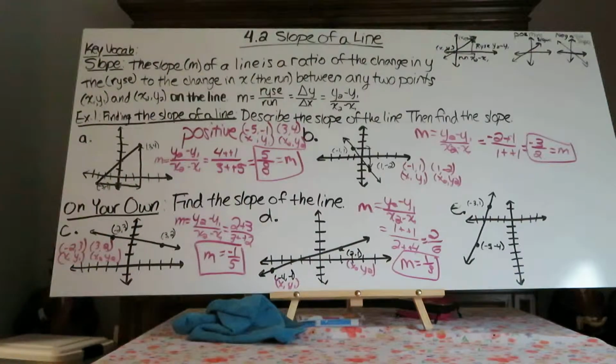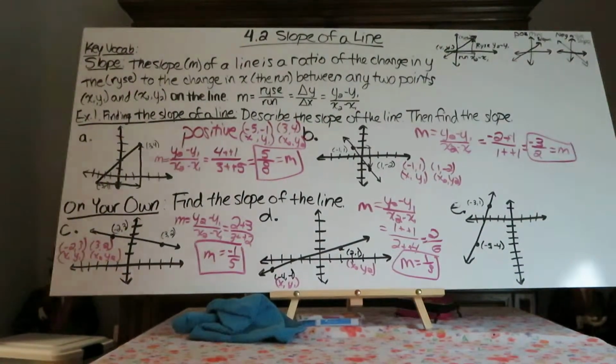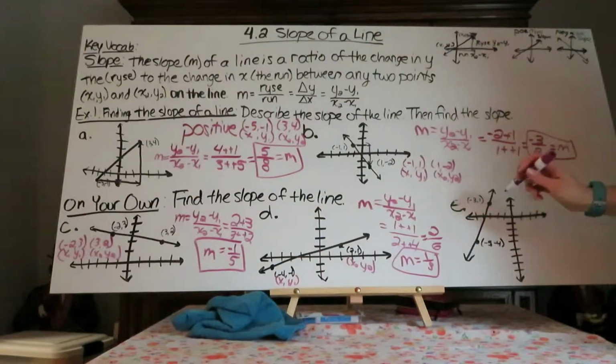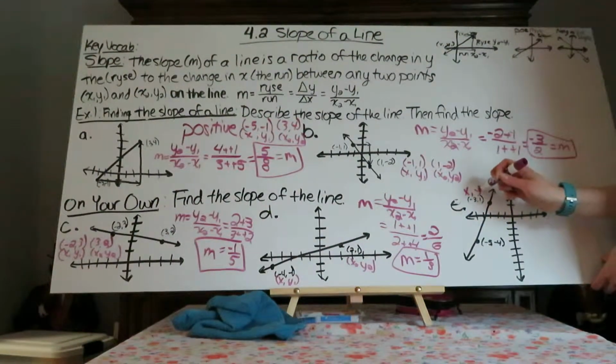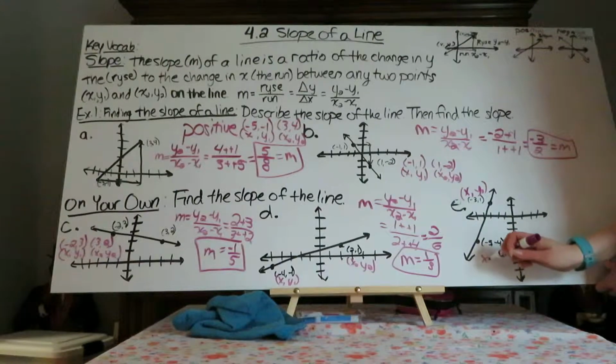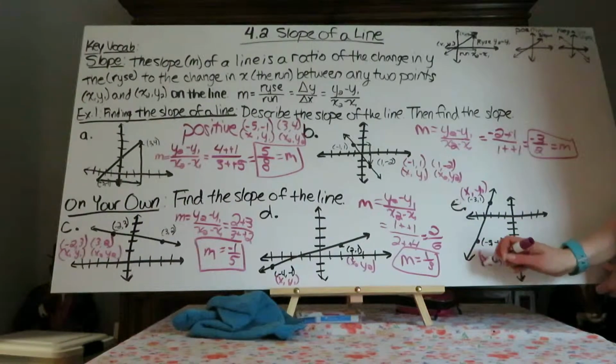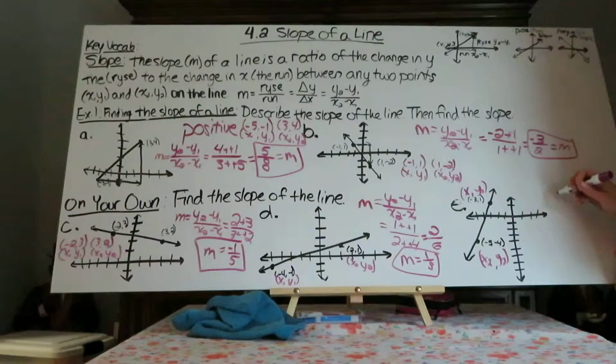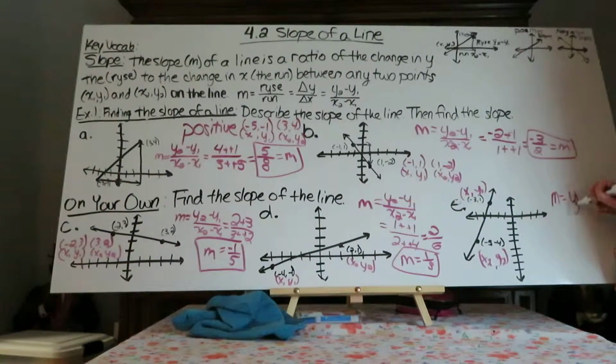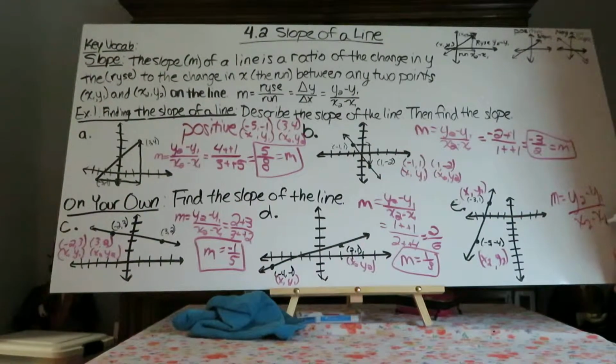All right, letter E. Same thing. I'm going to go in and label my points: x1, y1, x2, y2. All right, so the slope equals y2 minus y1 divided by x2 minus x1, which is negative 4 minus 1 divided by negative 5 minus negative 3.